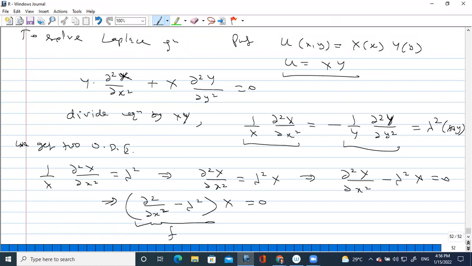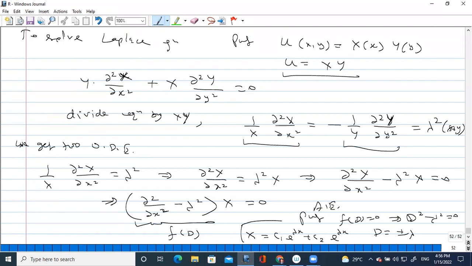So this is your F(D). Because this is a second order differential equation, to get the auxiliary equation, put F(D) equal to 0. So D square minus lambda square equal to 0, D equal to plus minus lambda. So from here X value will be C1 e to the power lambda x plus C2 e to the power minus lambda x. So like this you will find the X. Note down this.